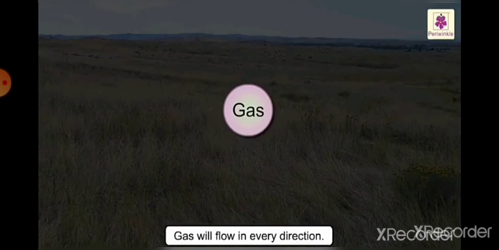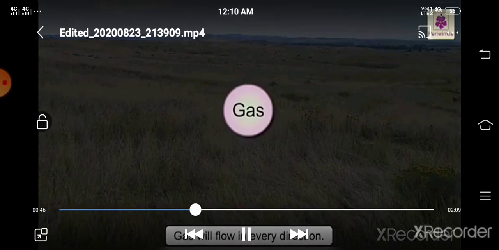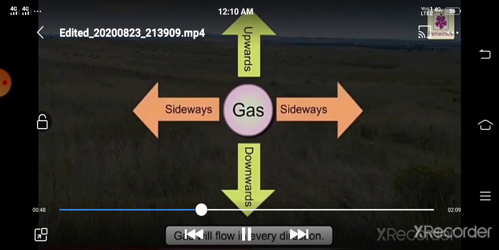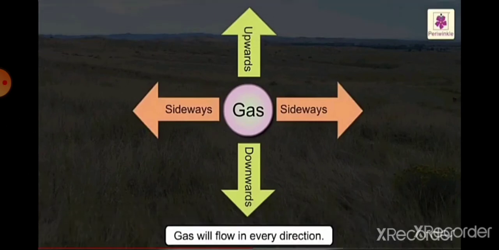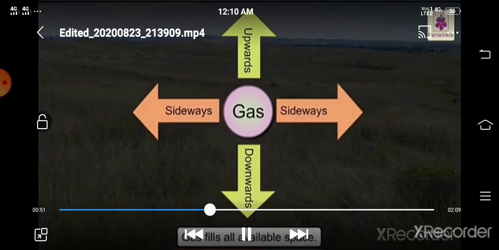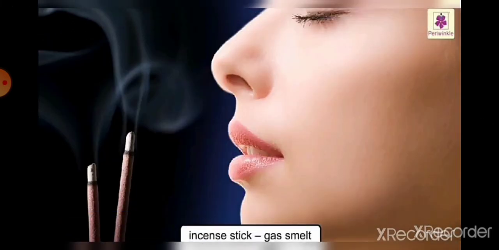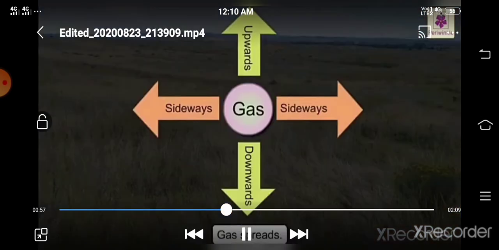Air is a mixture of many gases. Gas will flow in every direction: upwards, sidewards, downwards, in all directions. Take incense sticks: you can see the smoke coming out, you can smell it, but you cannot see the gas.